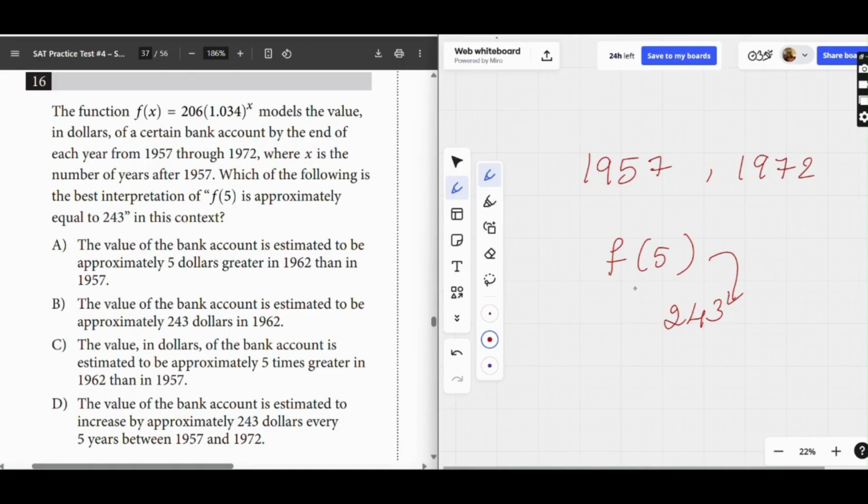So, when x is equal to 5, then f of x, which is f of 5, equals 206 multiplied by 1.034 to the power 5.